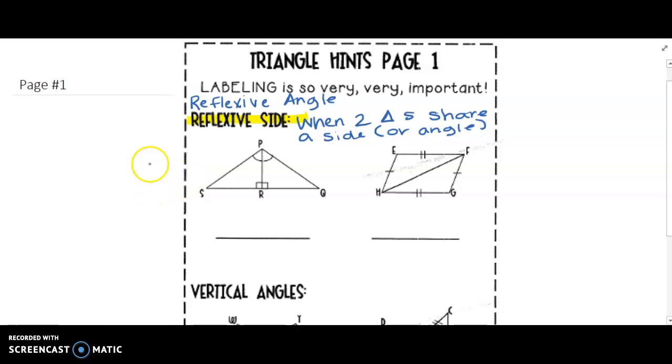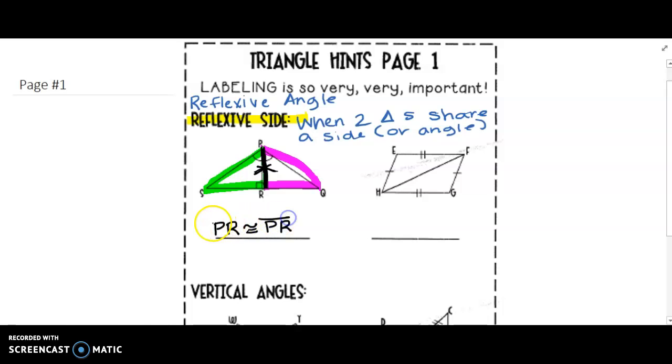If I look at this picture down here, I see triangle PSR, and I also see triangle PQR. They share this side. This side is a part of both triangles. Anytime that happens, I put an X through it.